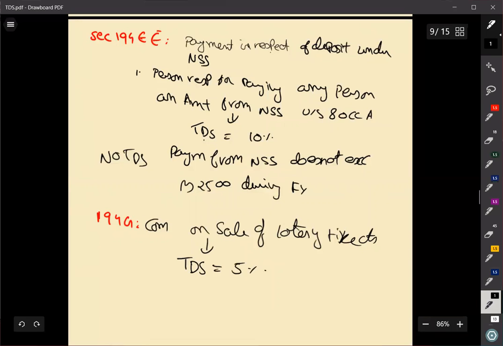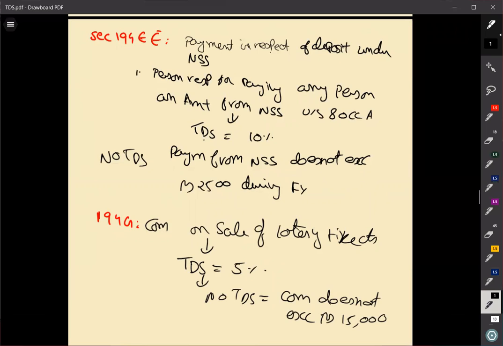The TDS rate is going to be 5%. No TDS if the commission does not exceed rupees 15,000 during the financial year. If the commission exceeds 15,000, TDS has to be deducted at the rate of 5%.